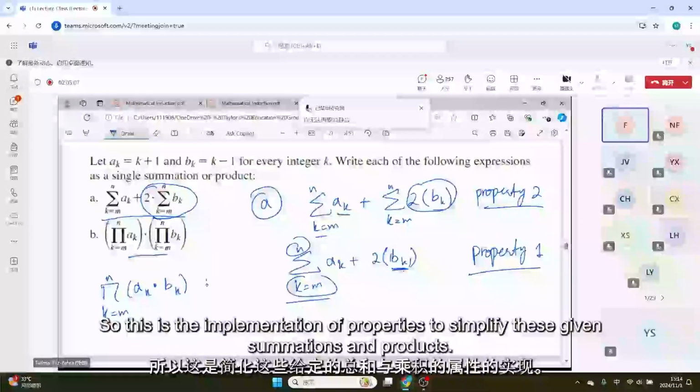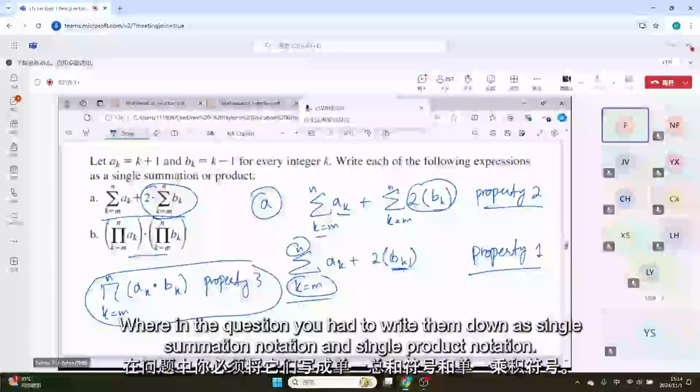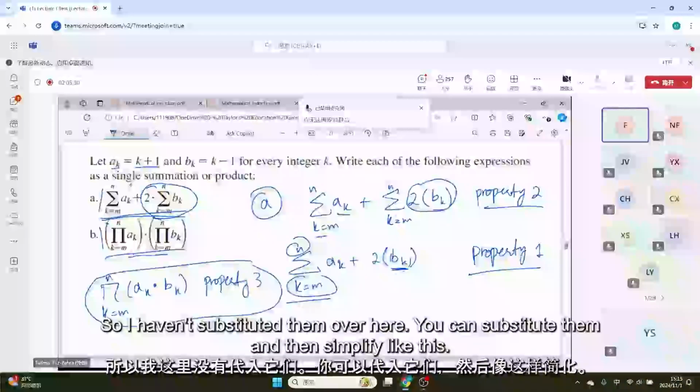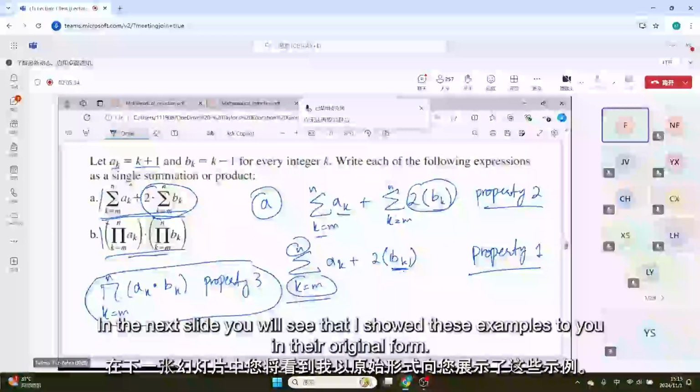So this is the implementation of properties to simplify these given summations and products, where in the question you had to write them down as single summation notation and single product notation, and then the values for these expressions are also given to you. So I haven't substituted them over here. You can substitute them, and then simplify like this.